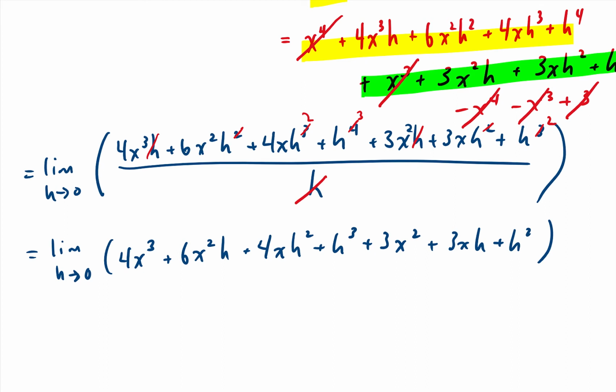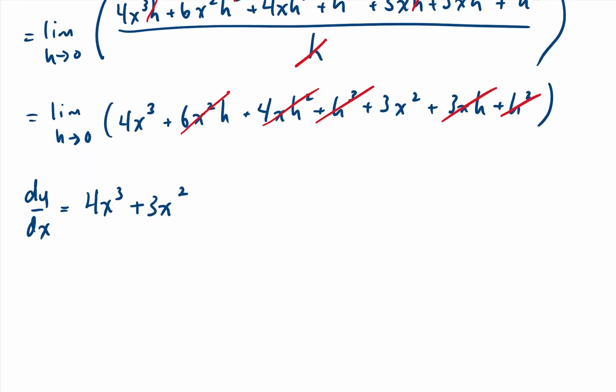Which looks like a big function, but now when we sub in h equals 0, those terms go to 0, and we're left with the derivative dy over dx equal to 4x cubed plus 3x squared.